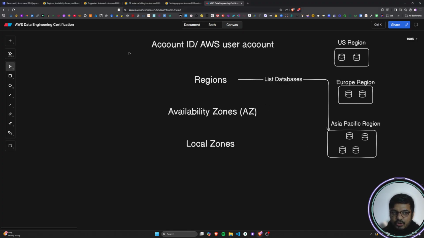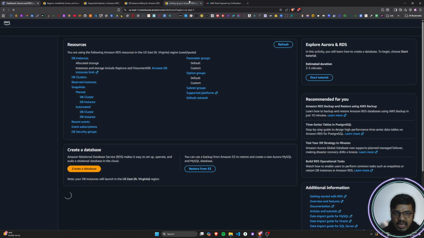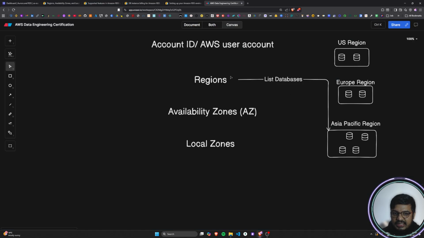Now if I switch back to my US region and run the list databases command, it will only display these two databases. It will not list the rest of the 6 databases that are present in the same account itself.